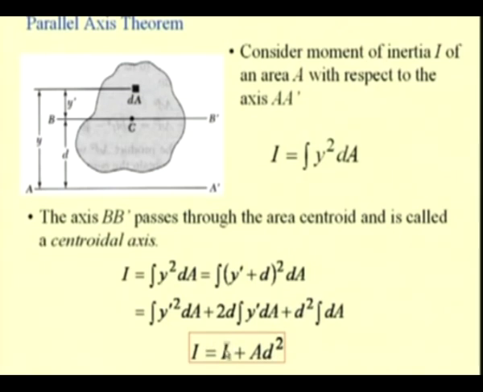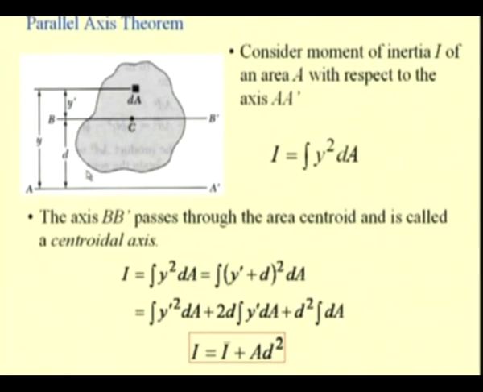This quantity I bar is nothing but the second moment of the area with respect to this axis B prime, or the centroidal axis. So, we now have a relation between the second moment of the area with respect to the centroidal axis and any other axis which is parallel to the centroidal axis and located at a distance of d.